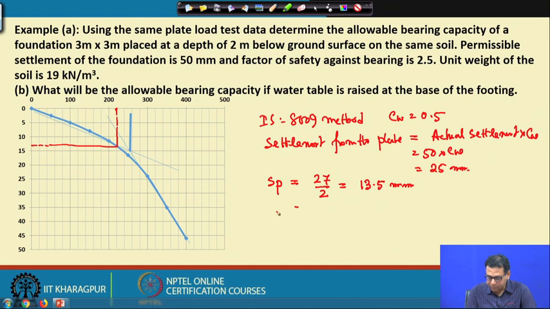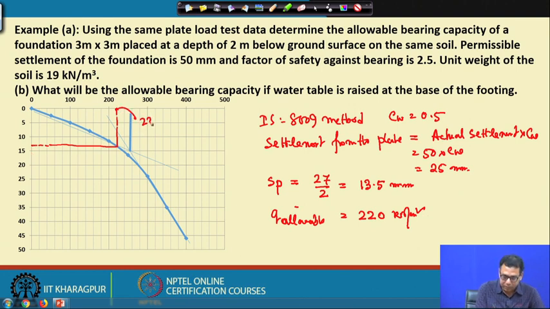So, Q allowable will be 220 kilonewton per meter square, corresponding to 13.5 millimeter.